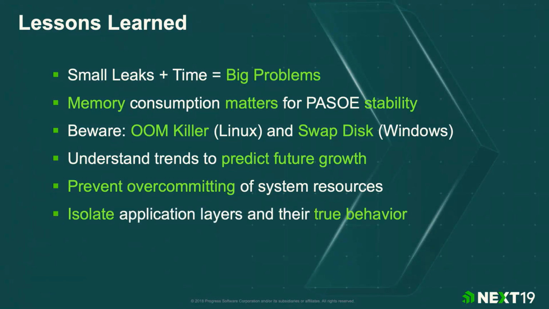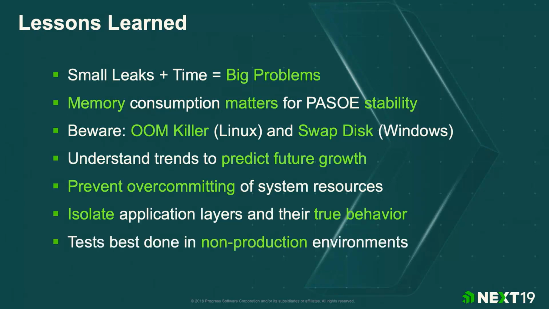All of these APIs and metrics will help you isolate the application layers and figure out exactly what's going on. And of course, it goes without saying, but you really should be testing this in non-production environments. Yes, I know sometimes stuff only rears its ugly head in production. That's unavoidable.